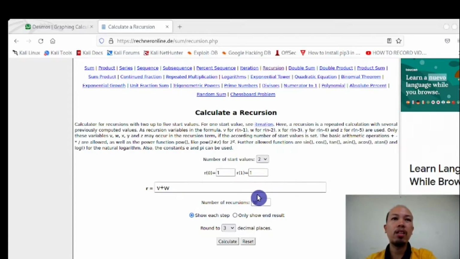For the Fibonacci sequence, this is the formula: v is equal to v plus w, where v is n minus 1 and w is n minus 2. The first terms, it says here, are 1 1. So let's calculate.